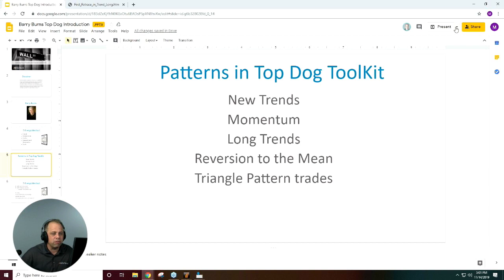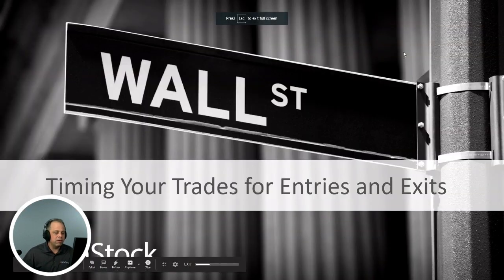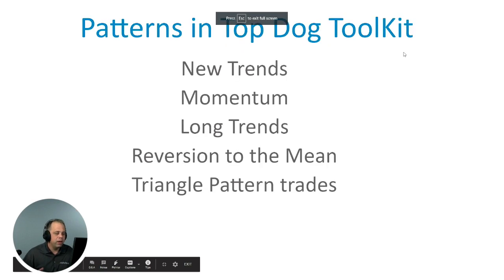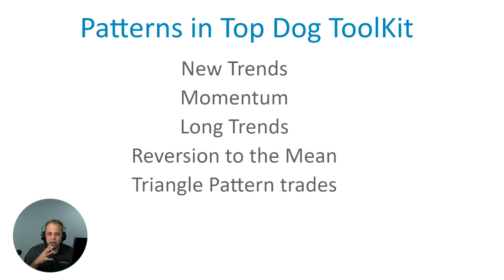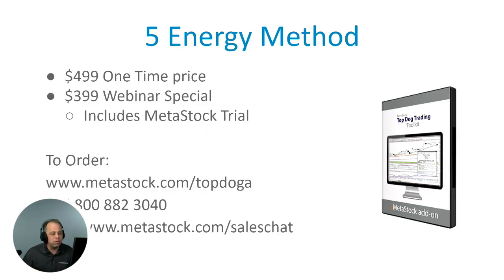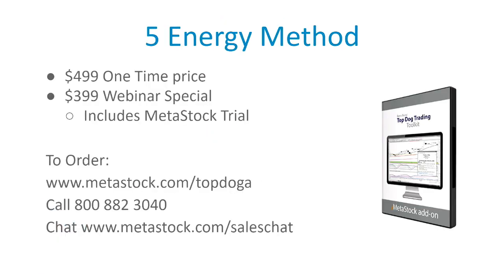I'm just going to start this from the slide. Okay, let's jump through this again real quick. Whether it's reversion to the mean or triangle patterns, it has all of those patterns built for you. It's been an extremely popular add-on, mostly due to the expertise and the work of Barry Burns. He's well respected in the market.